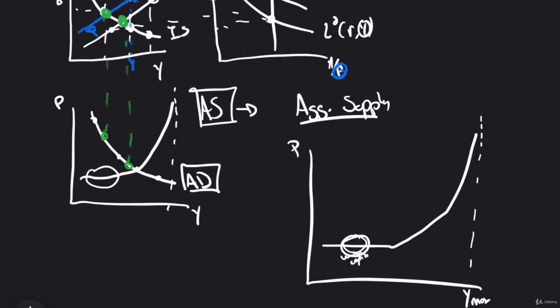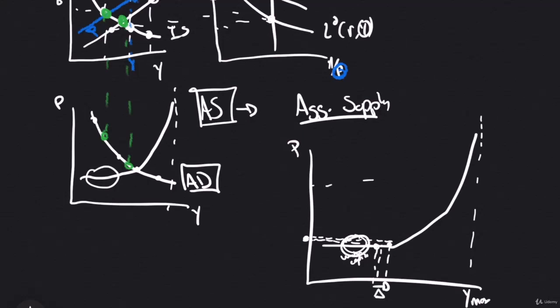So if I look at it in terms of slopes, if I'm over here, then a minute change in prices would increase output by this much. So a small change in price equals a relatively larger change in output.